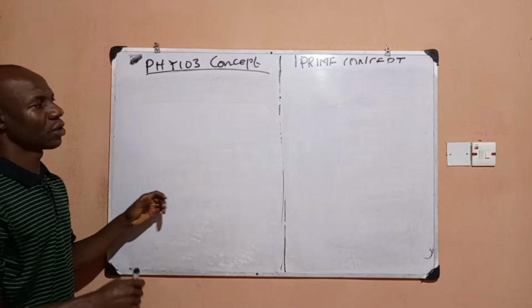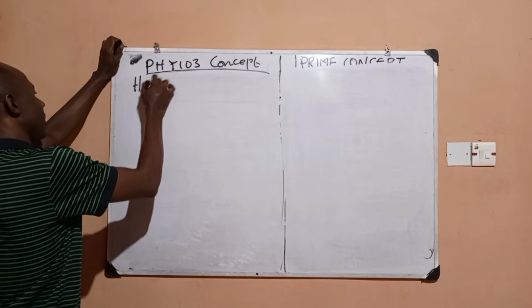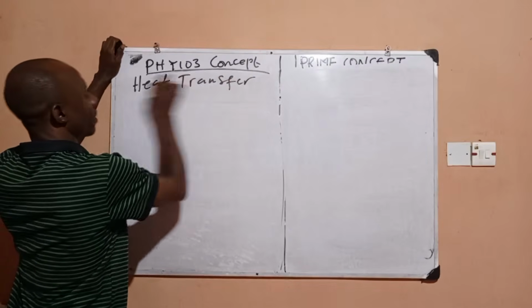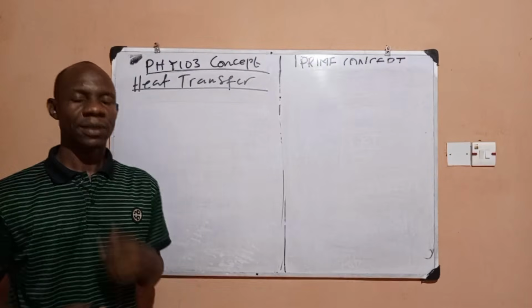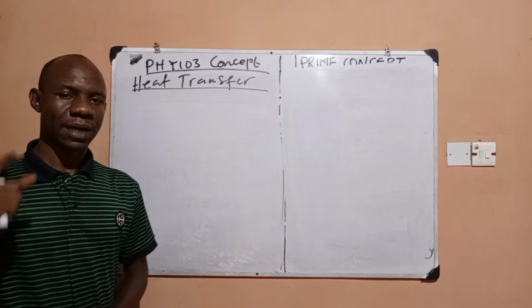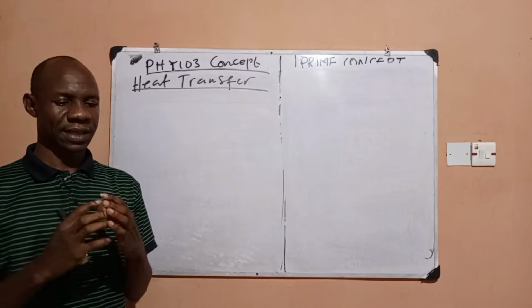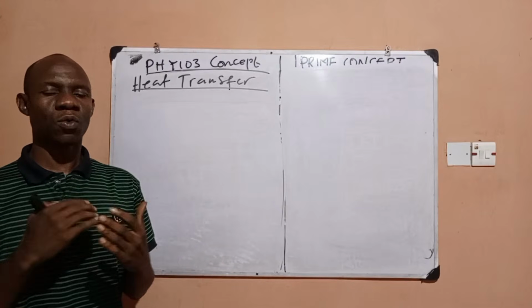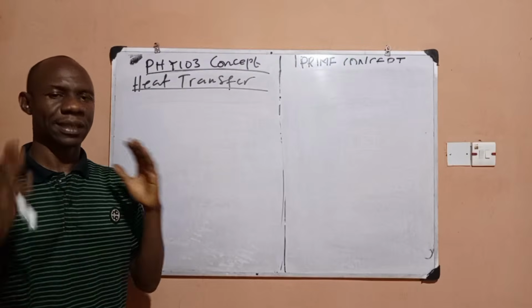And those 2 major topics are, one of them is heat transfer. I think I should be able to summarize this in a short time. Heat transfer, right? Now, heat can be transferred from one point to another or from one body to another as a result of difference in temperature.